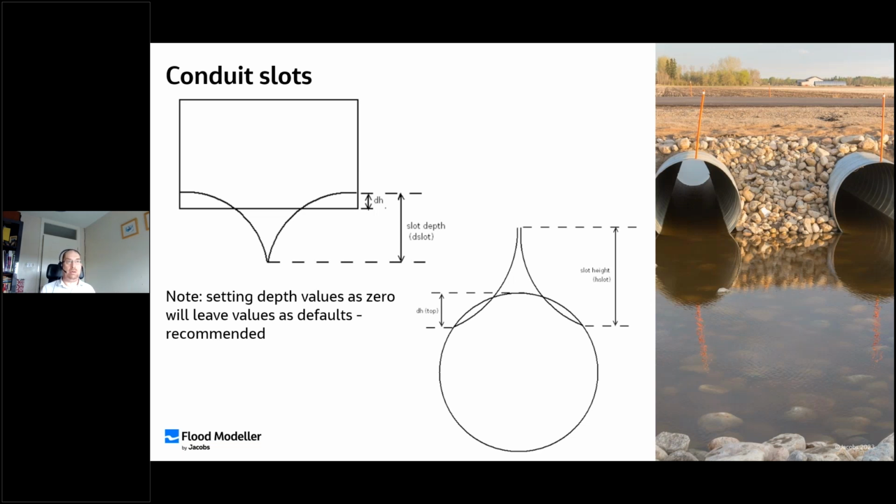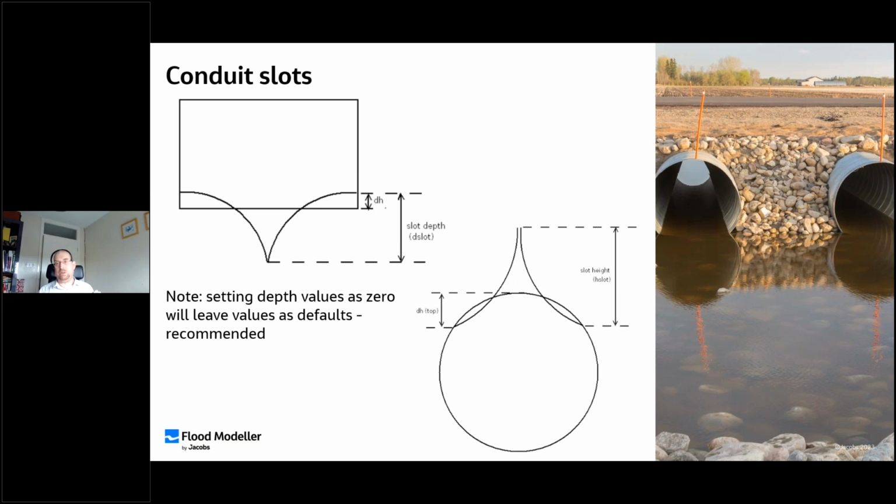So what we allow you to do is to put a slot in the top of your conduit, which is shaped as per the diagrams here, and that has the effect of smoothing that transition from having a free surface gradually down to 0 in a smooth way, so that you don't get that sudden jolt.